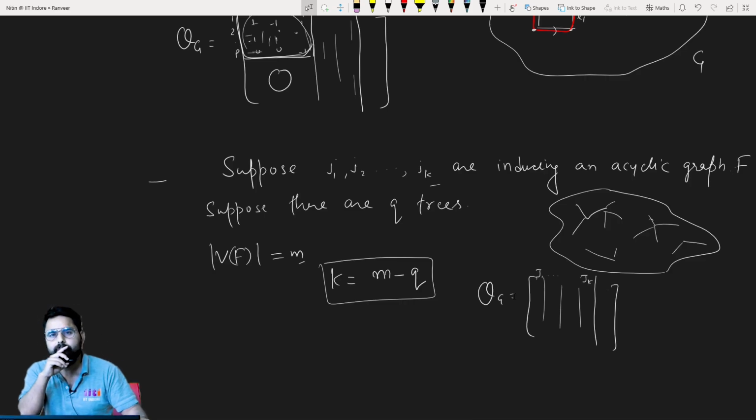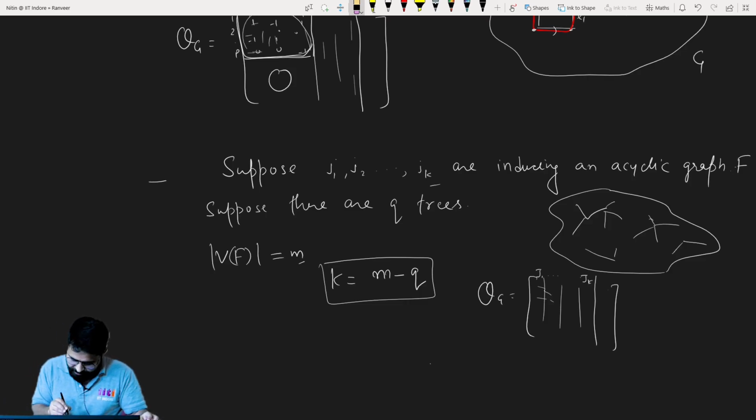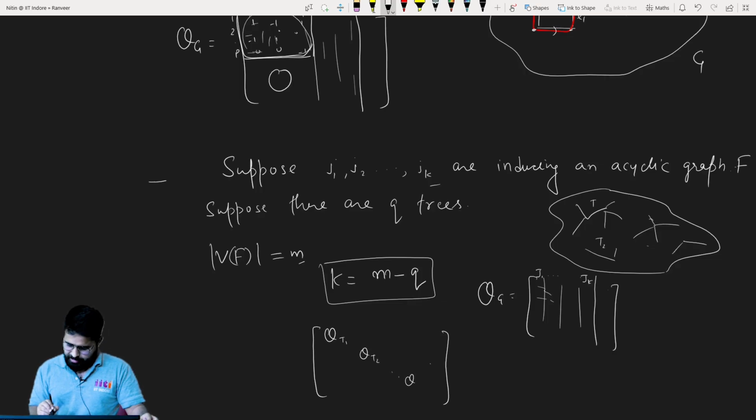It is apparent because there will be trees, disjoint trees, since these are the components. So you can write QG as Q of T1, T2 and so on up to TQ.